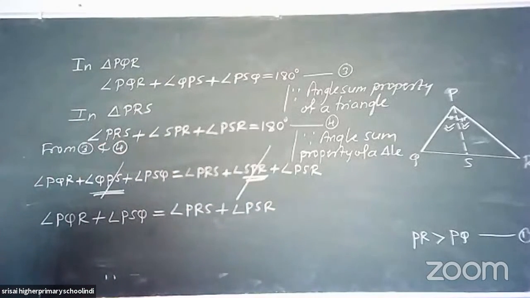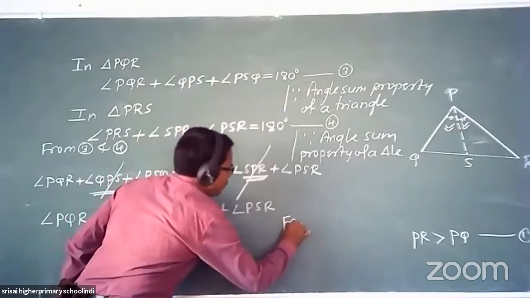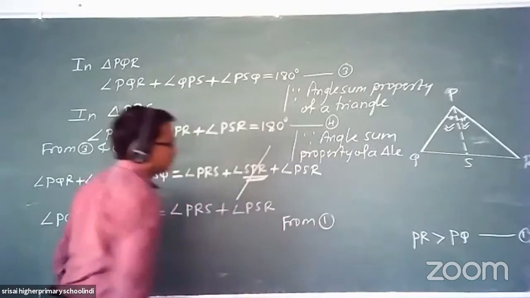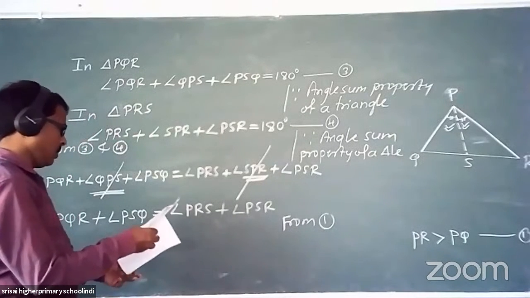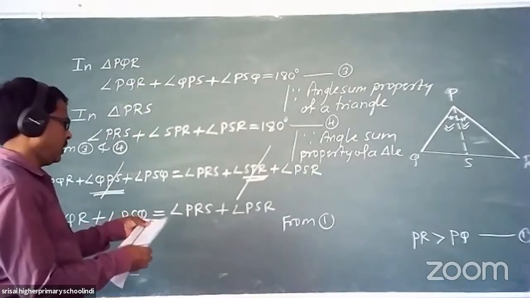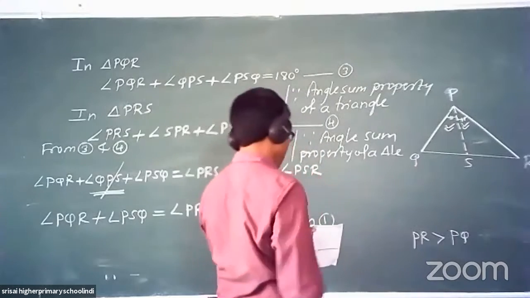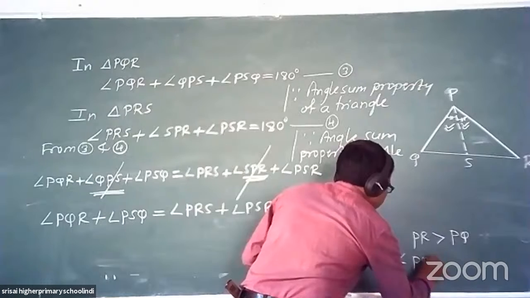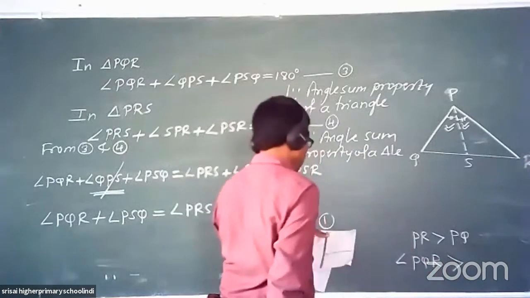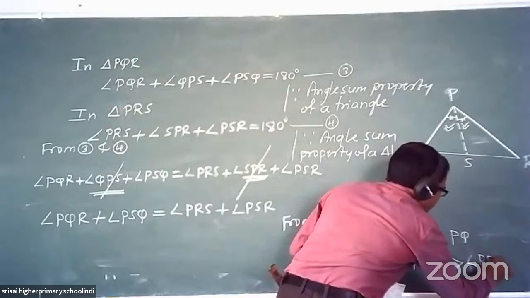Okay. Now, here from 1. What is in 1? The actual equation number 1 is not this one. Equation number 1 is angle PQR is greater than angle PRQ.